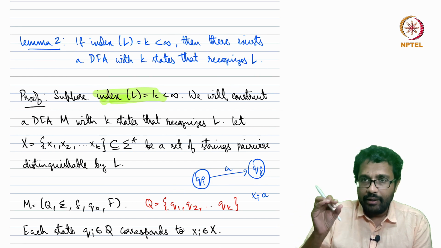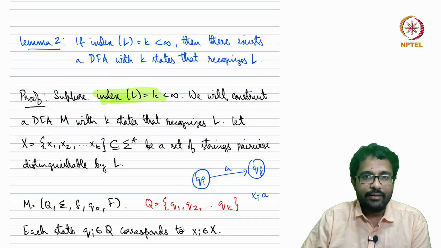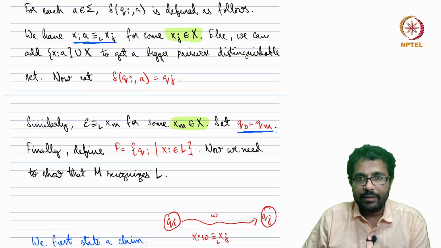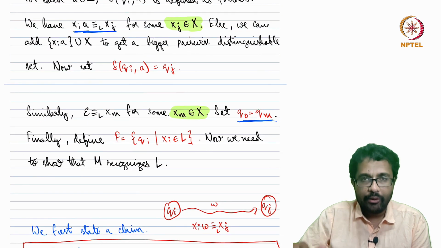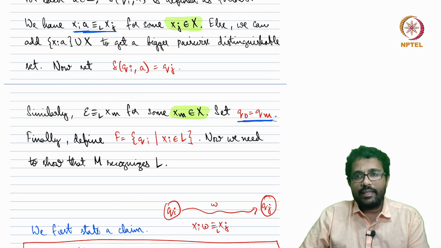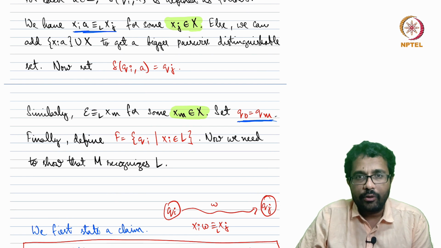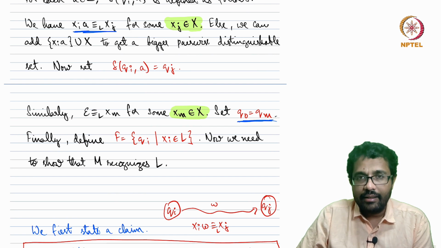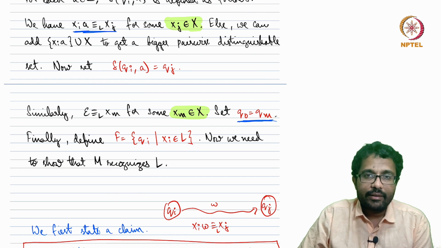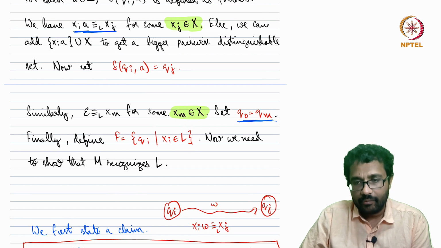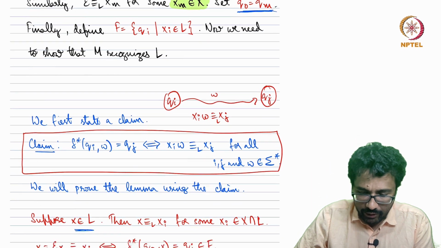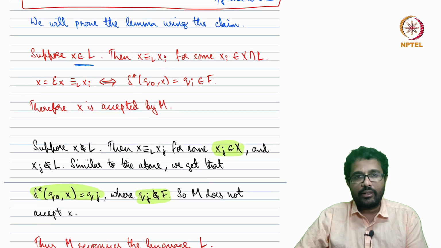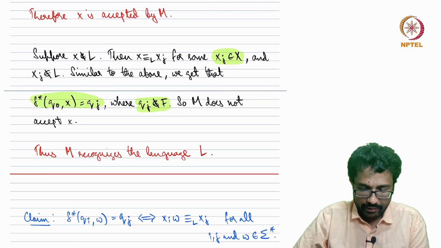We make a DFA where each state corresponds to one of these k strings, and we define the transitions, accept states, and start state correspondingly. The start state is the state that corresponds to the string equivalent to the empty string. Accept states are the states that correspond to the strings that are in the language. Then we use that to show that any string in the language is accepted and any string that is not in the language is not accepted.